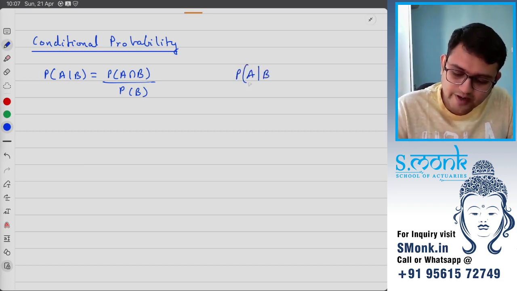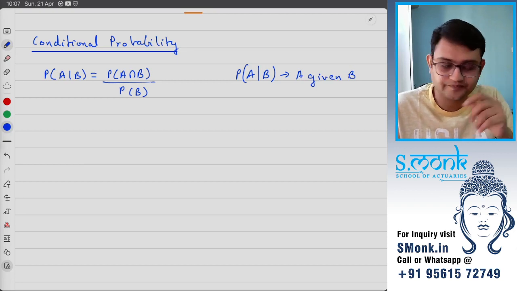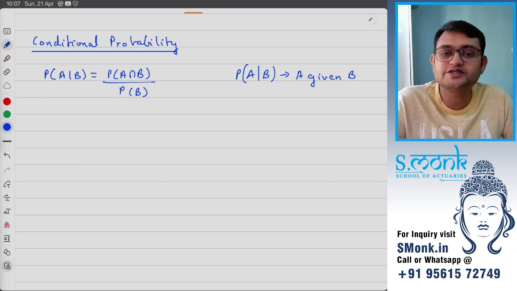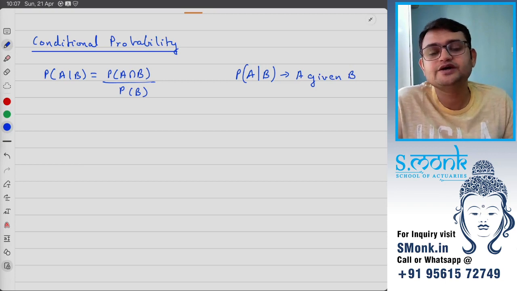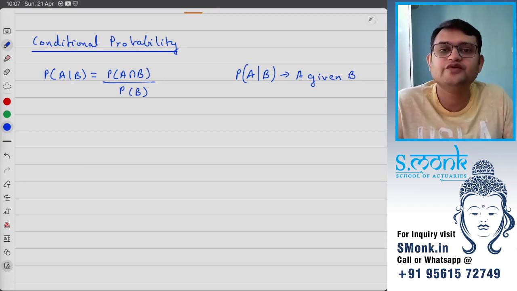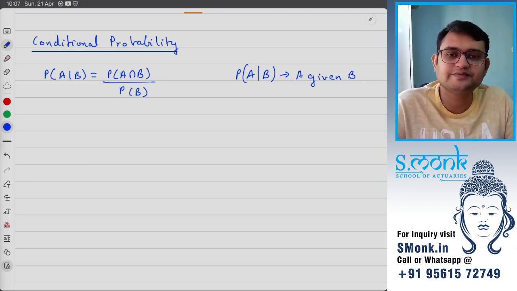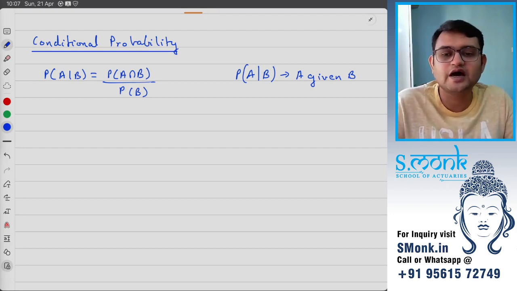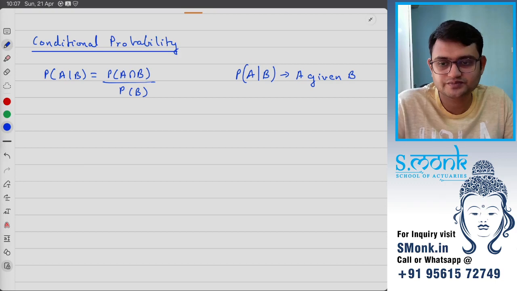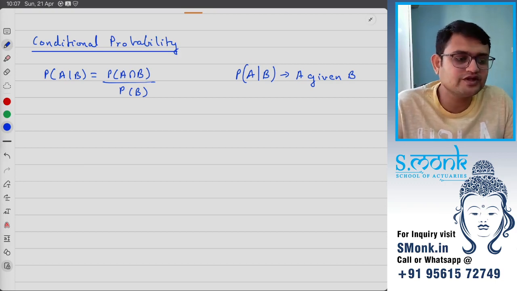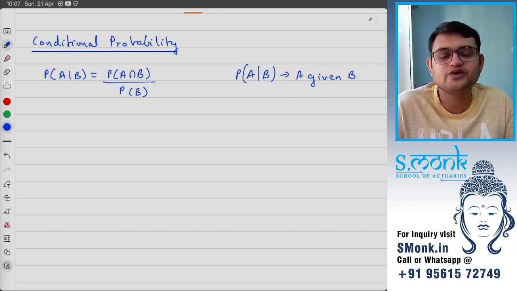We'll say it is probability A given B. Now this means that B has already occurred. What is the probability that A will occur? There is some given information according to which we are trying to calculate the probability of something else.